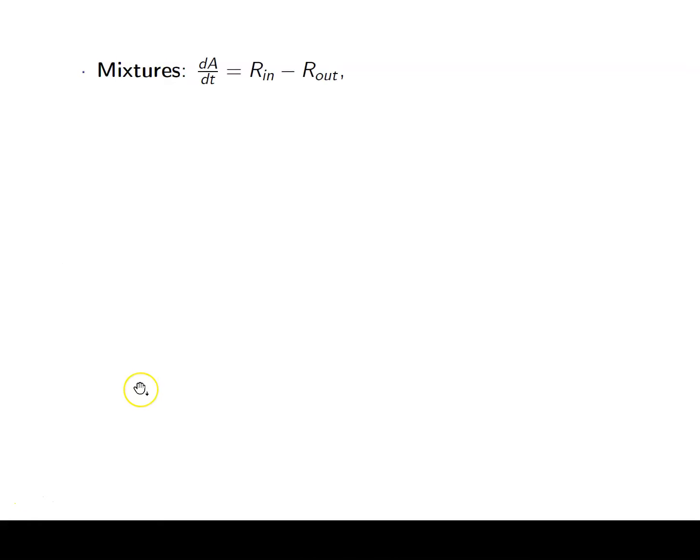So here we talk about the amount of a mixture at time t, okay, and that's going to be equal to the rate of input or inflow of your substance you're trying to mix, and you're going to subtract out the rate that your mixture is leaving. Okay, so let's think about it like this.